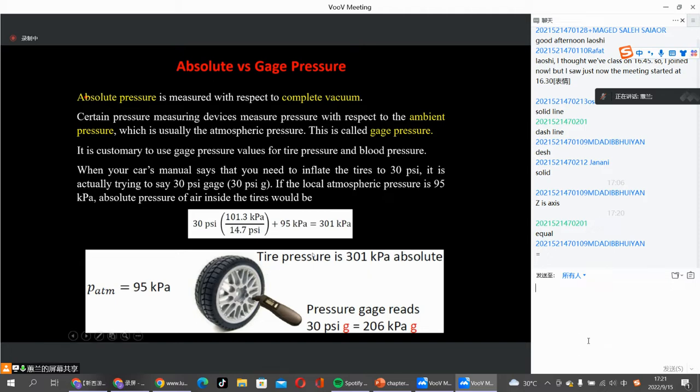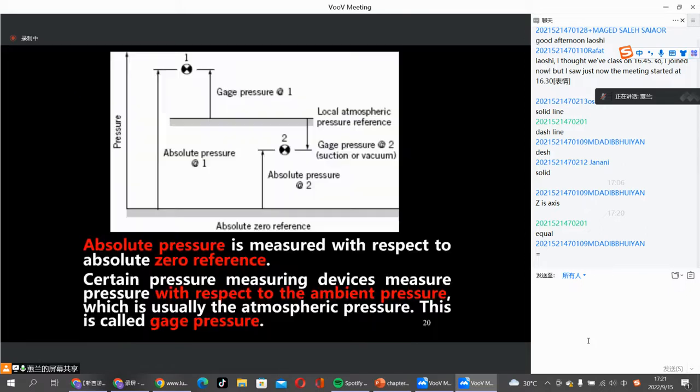A certain pressure is given, and we can read it from the panel of the car, right? The car panel. So sometimes the pressure is said to be only 30 psi. What does it mean? Actually, here today we will need to know what gauge pressure is and what absolute pressure is.